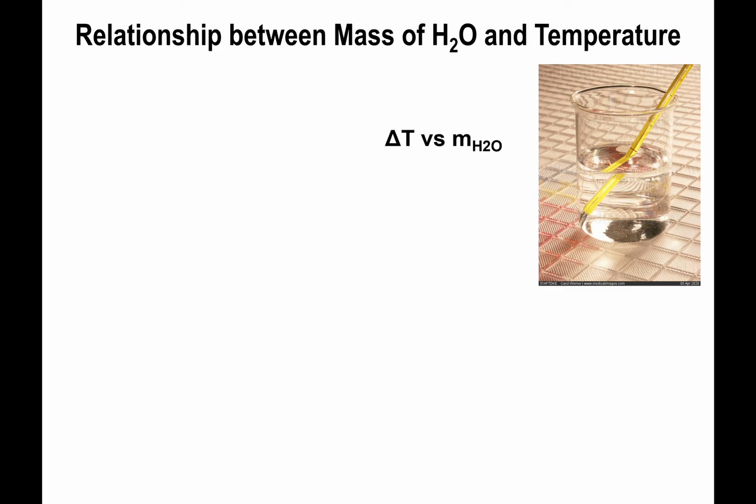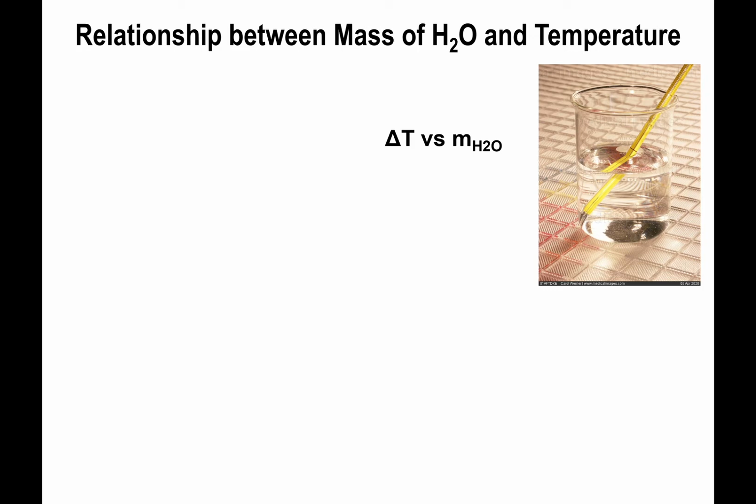You can determine the relationship of the change in temperature of the water based on the mass of water used by dropping a constant mass of some object. Let's say it could be aluminum, it could be iron, basically a metal piece, the same metal piece. But the thing is this: the metal piece has to be held at a high temperature, let's say 120 degrees Celsius.